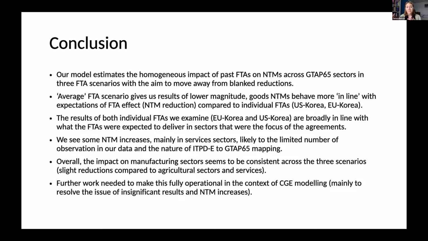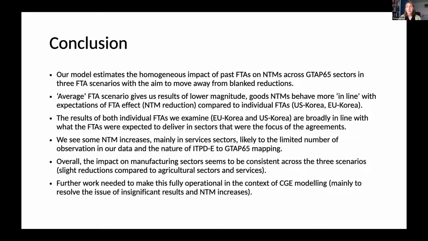There are some increases that we saw, which are likely due to the limited number of observations as we get more granular, and also the nature of the ITPD to GTAP 65 mapping. We still need to improve the reliability of the estimates, essentially to make them operational in the context of CGE modeling, and that is mainly to resolve the issue of insignificance.